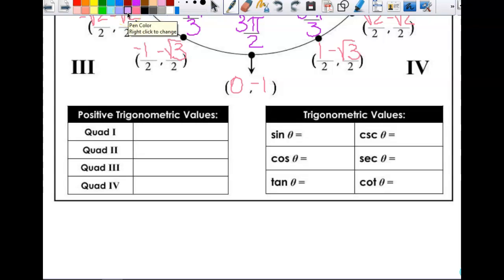It says the positive trig values in these quadrants. So remember, we can make our little coordinates and say all students take calculus. That means that in quadrant 1, they're all positive. What does that mean for quadrant 2? What's positive in the second quadrant? Sine.